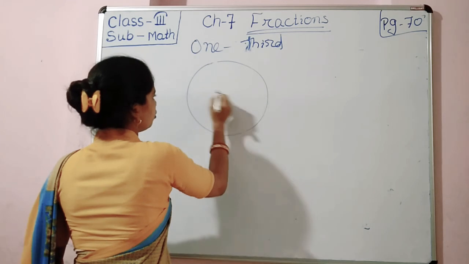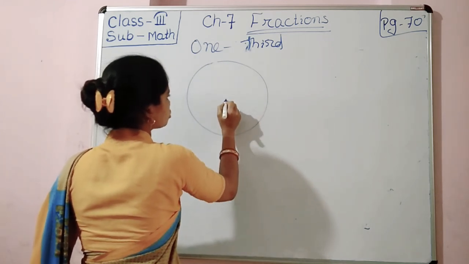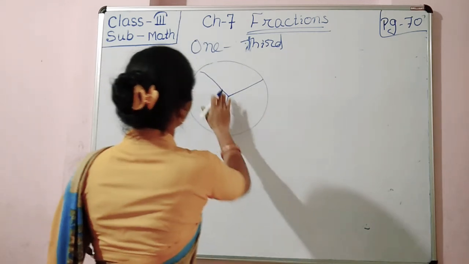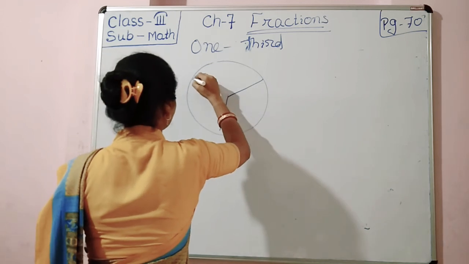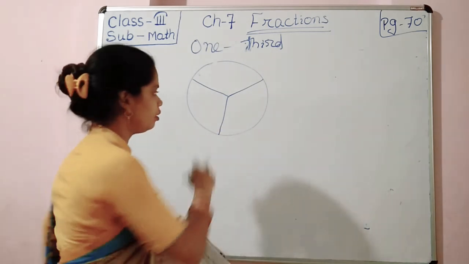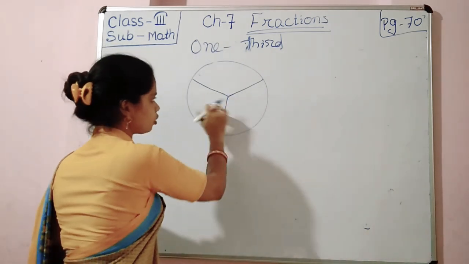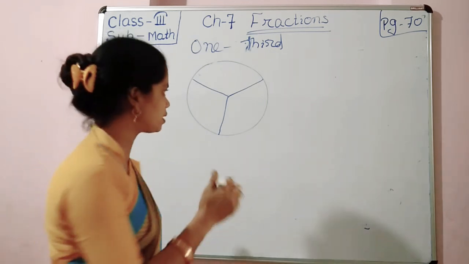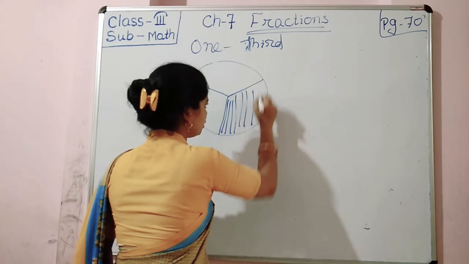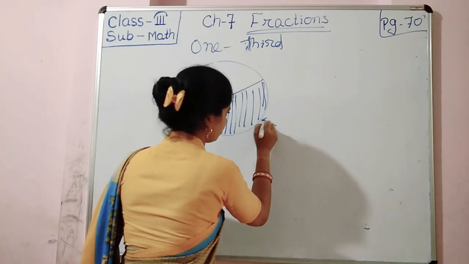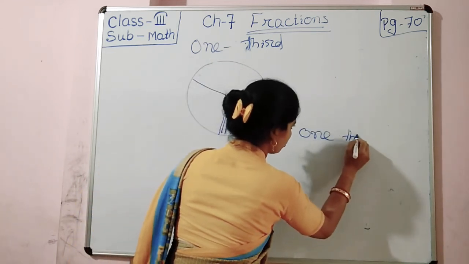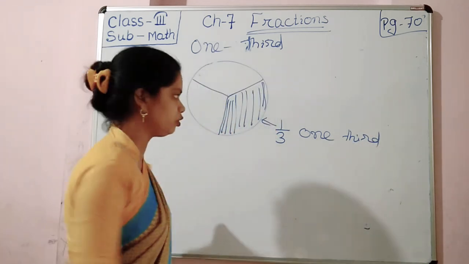If we divide the circle into three equal parts, not unequal, 1 part, 2 part, 3 part. Total, we divide the circle into three equal parts. If we take one part, this part is called 1 by 3, or 1/3.